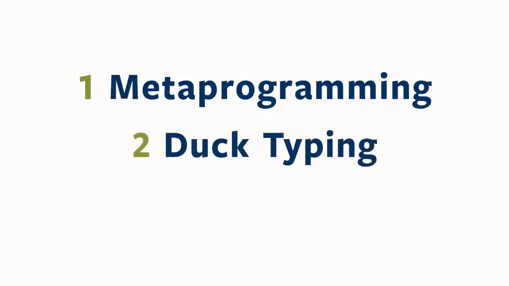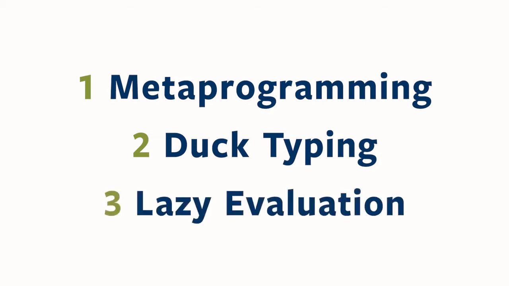Second, duck typing is used so that you can treat the collection of reviews as if it were an indexed array, even though that's not actually how it's stored or manipulated. And third, lazy evaluation is used so that the enumerable collection you think you have doesn't even exist until the very last possible moment that the database query can be deferred to. And at that moment, the appropriate SQL query is generated by Active Record to read from the database.